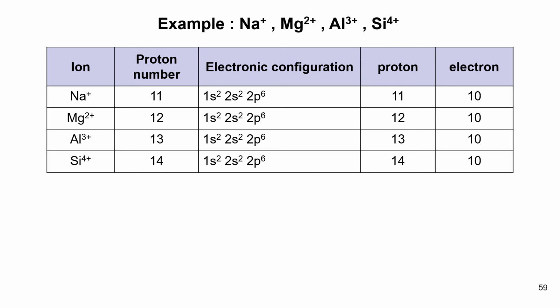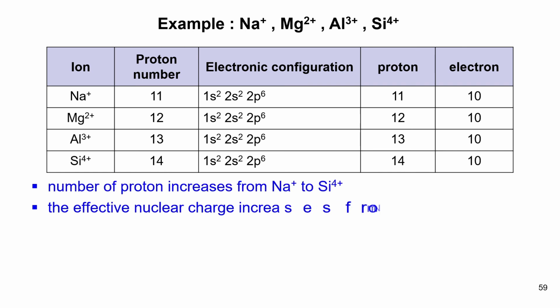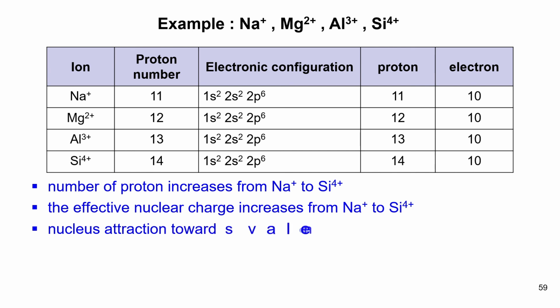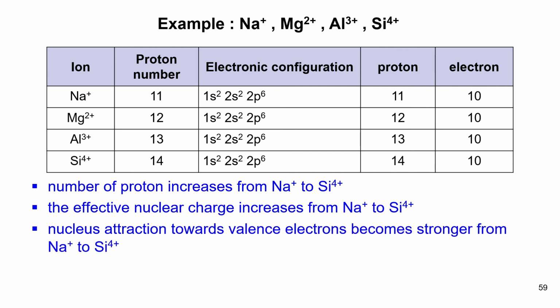Aluminium 13, electrons 10. Silicon 14, protons 14, electrons 10. The number of protons increases from sodium to silicon, because effective nuclear charge increases from sodium to silicon. Nucleus attraction towards valence electrons becomes stronger from sodium to silicon. So the stronger the attraction, the smaller the size.